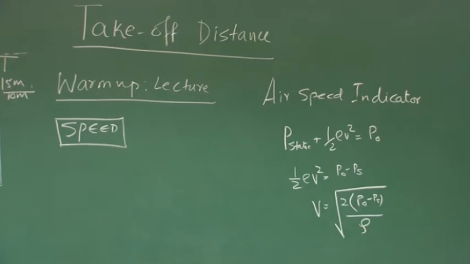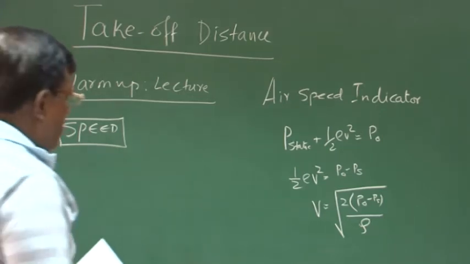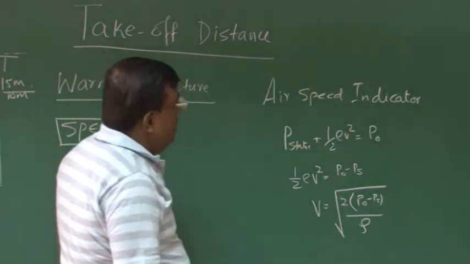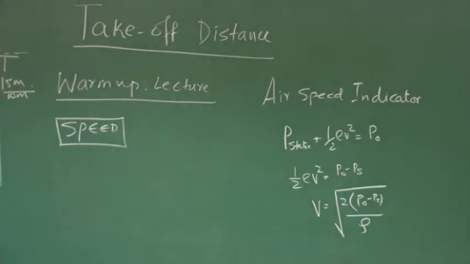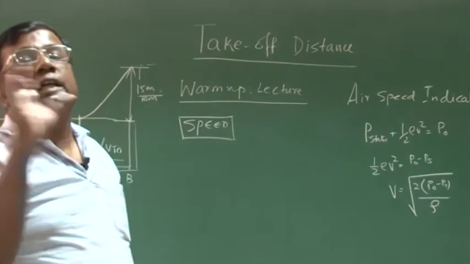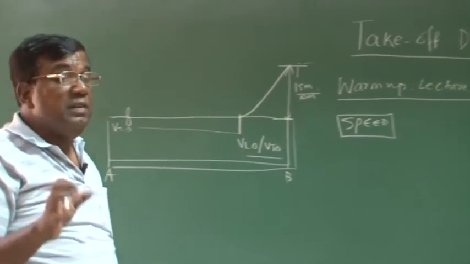One inlet is for static pressure and one is for total pressure, and the difference is sensed by a diaphragm. So it contracts, expands like this, and this motion gets translated using a lever, and you see the readings on the dial gauge. It is as simple as this as far as the principle is concerned.